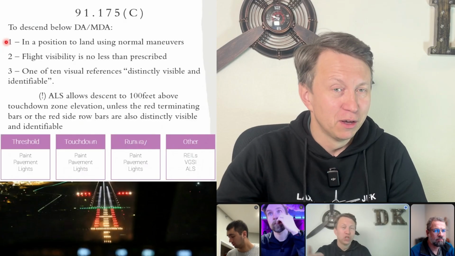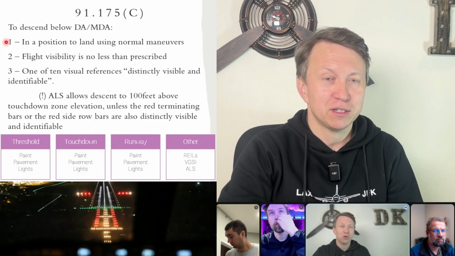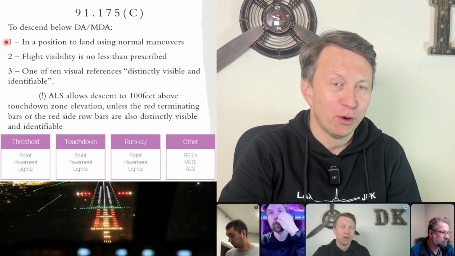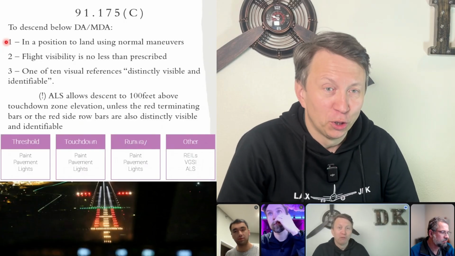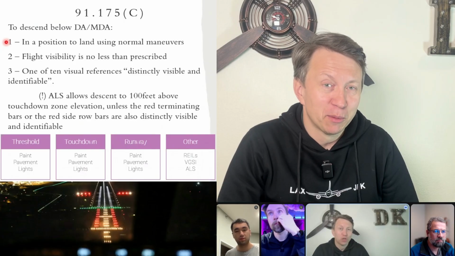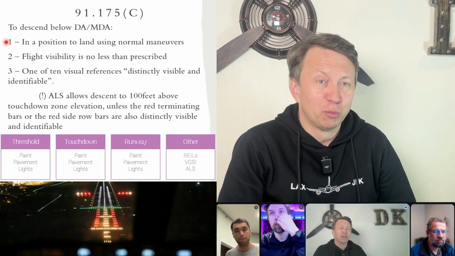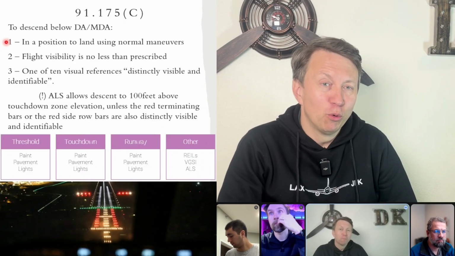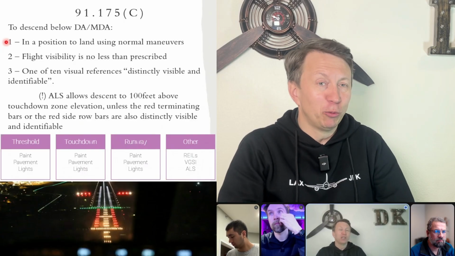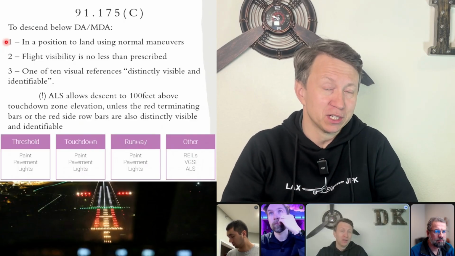If wind shear or something else got you unstable, and now the only way to land is to start fighting this, that would not qualify for a stabilized approach, and you'd probably be required to go climb because you're no longer in that position. So that's how I would tie this to the regulations.